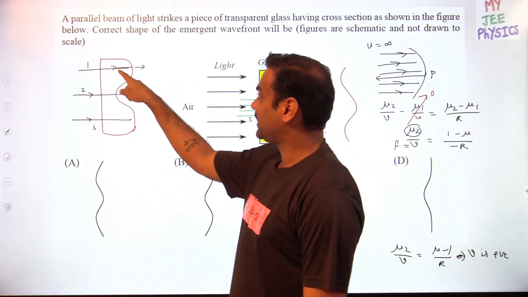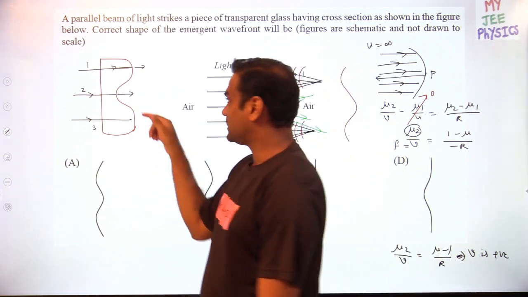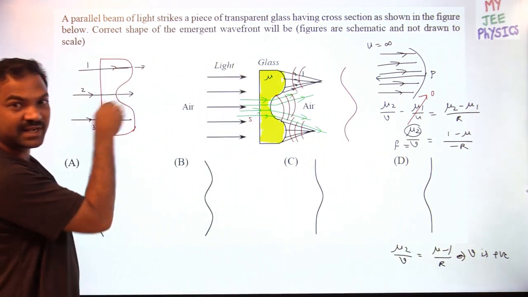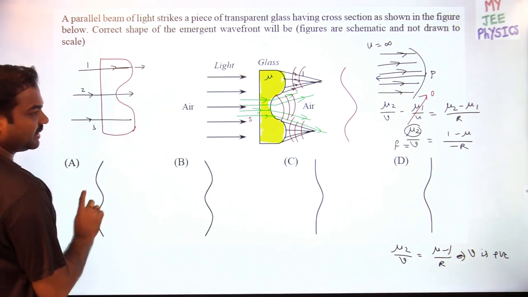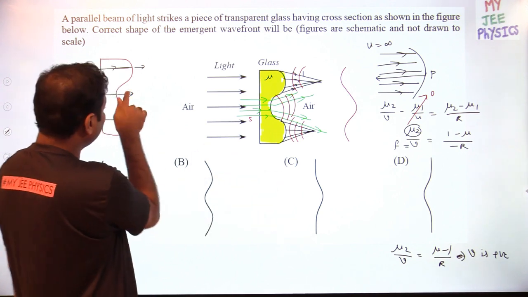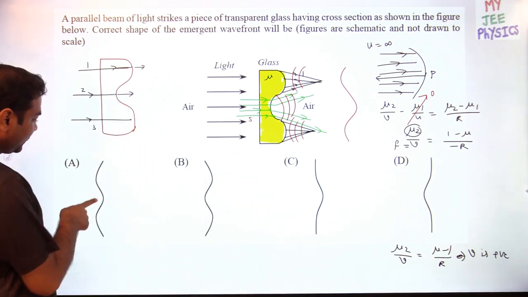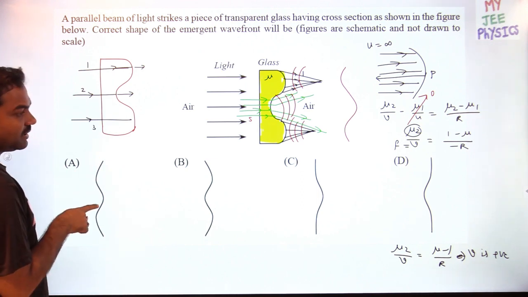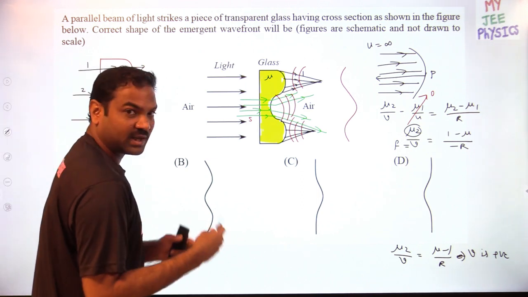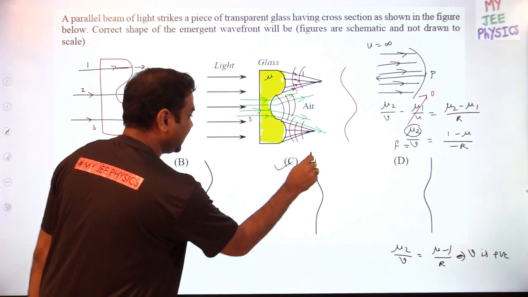Then the first ray will come out later than the second ray. That means the second ray will advance ahead of the first ray. If you follow this logic, either this or this will be the answer. First will have the advance, but here also it has equal advance. So the closest option would be C if you follow this logic.